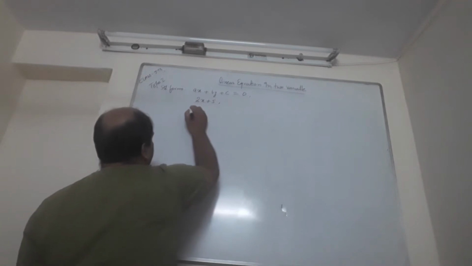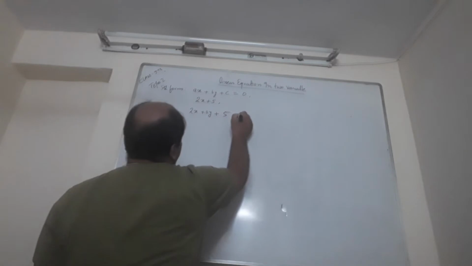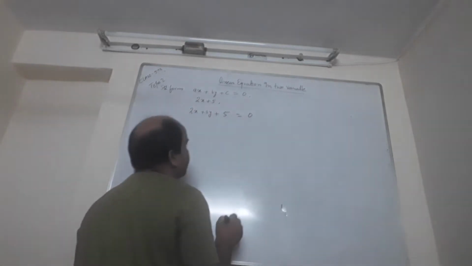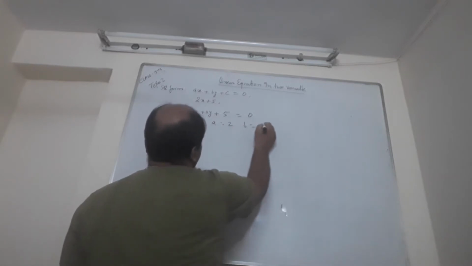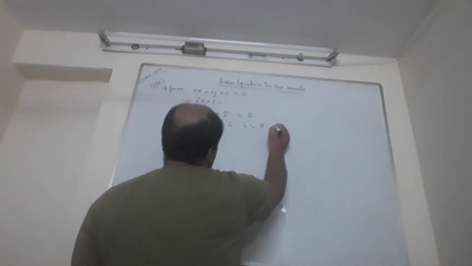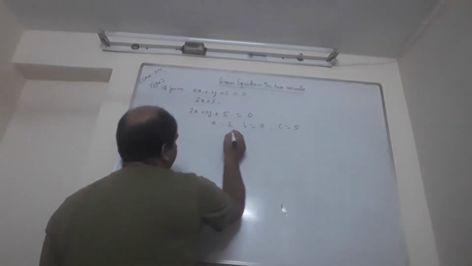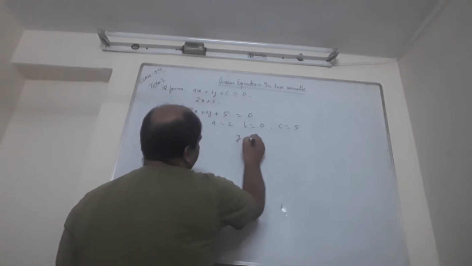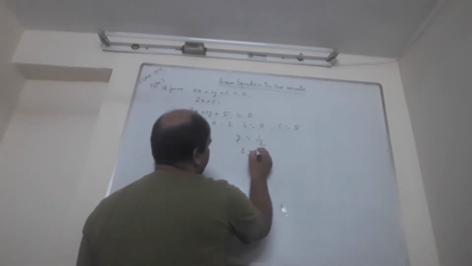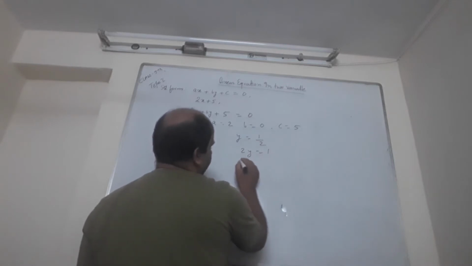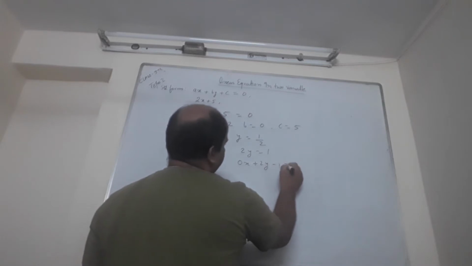So what we do? 2x plus 0y plus 5 equal to 0. This is the standard form, and we also write here a equal to 2, b equal to 0 and c equal to 5. Similarly, if we have another example, y equal to 1 by 2, we can write 2y equal to 1, or 0x plus 2y minus 1 equal to 0.